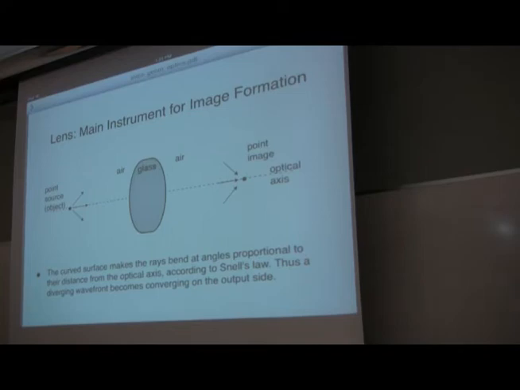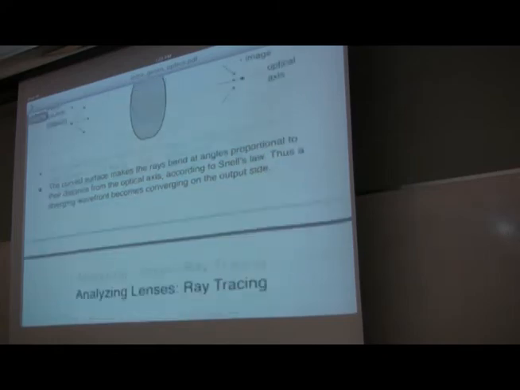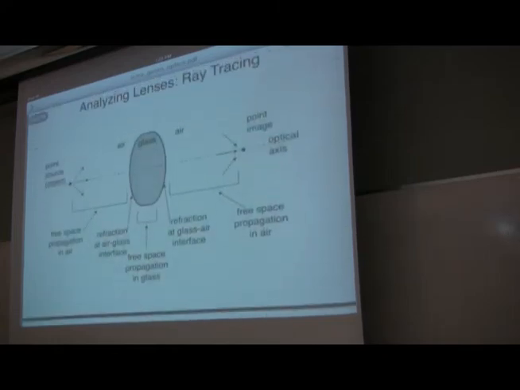Of course, the ray here should be straight. Okay. Now, if you do that mathematically, you can come up with the shape of the lens, and we won't really go into that, but you will see how that is.